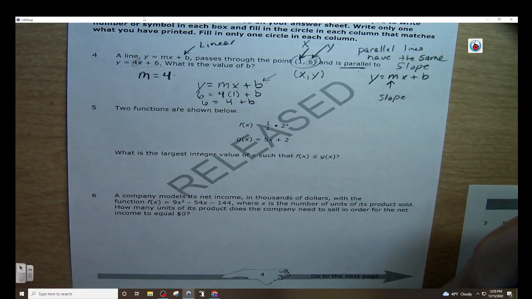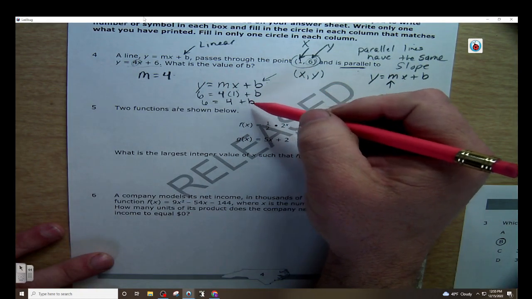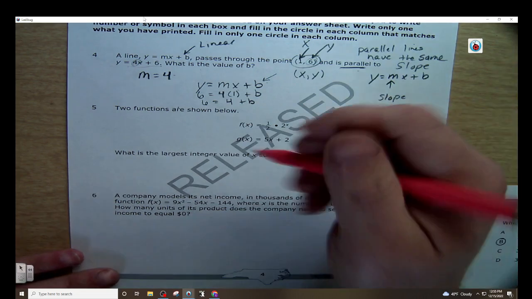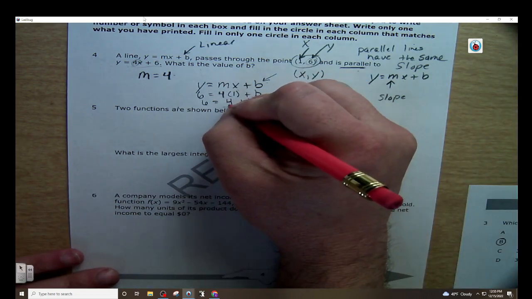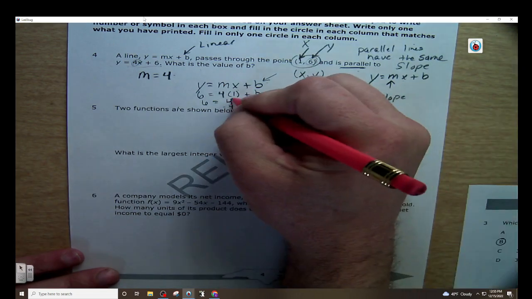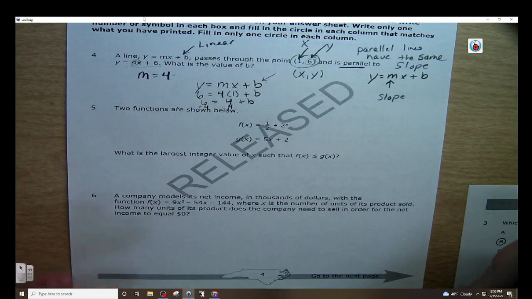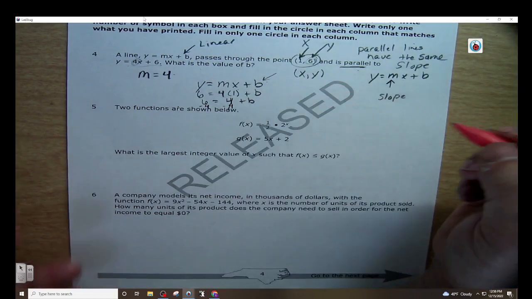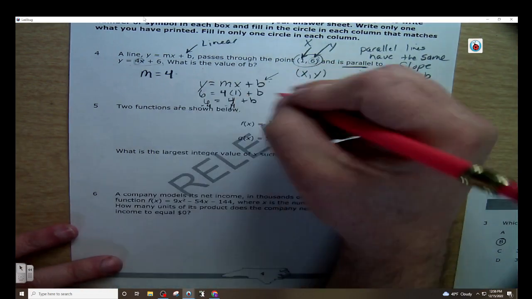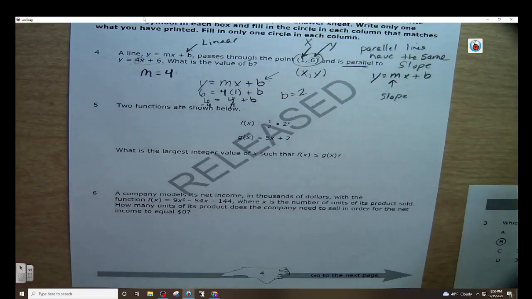Okay. Now, it says, what is the value of b? Well, to solve for b, it has to be by itself. So to get b by itself, I'm going to get rid of this 4 by subtracting it. That becomes 0, cancels out. Okay, and then, if I do it to one side, I've got to do it to both sides. That's algebra. Now, 6 minus 4 is 2, so b is equal to 2.